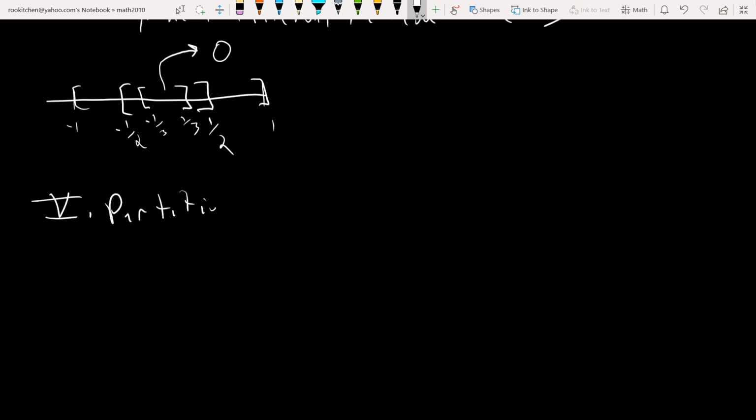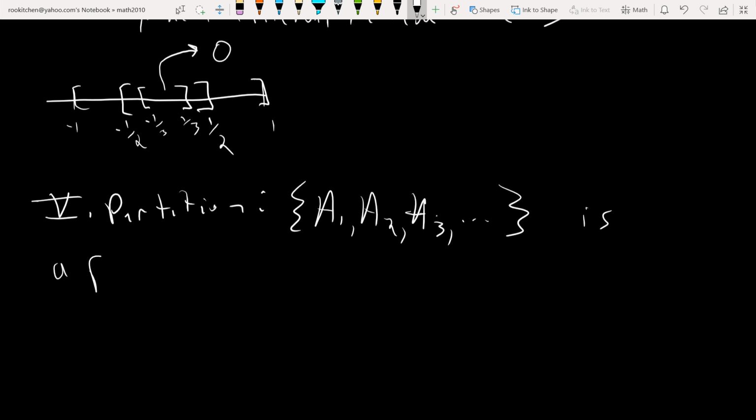Partition. So a set of sets, basically. The set of sets A1, A2, A3, etc. is a partition if you have two things holding.